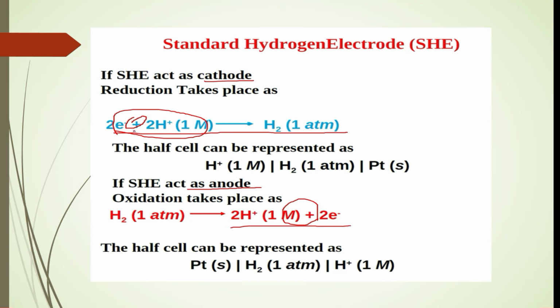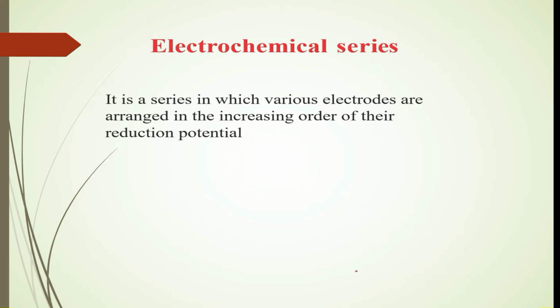For reduction we write plus 2 electrons on the left-hand side, and for oxidation plus electrons on the right-hand side. So the half cell reaction can be represented like this: platinum with H2 at 1 atmosphere, vertical line, H plus.